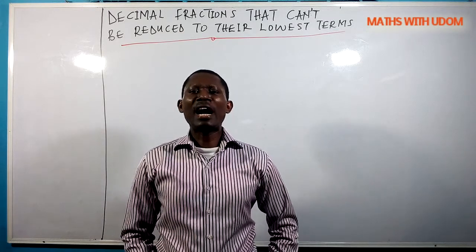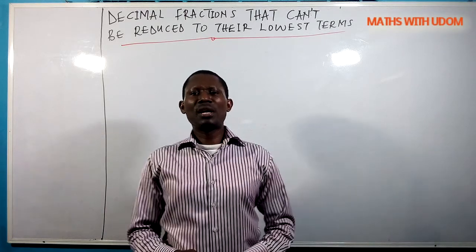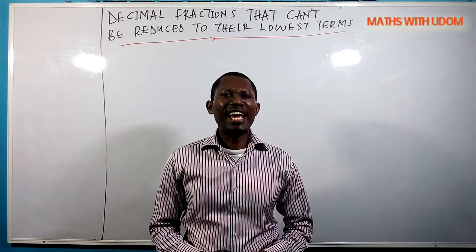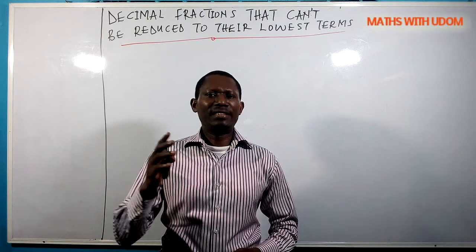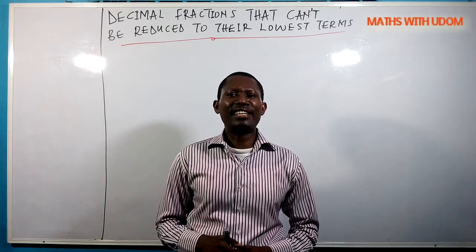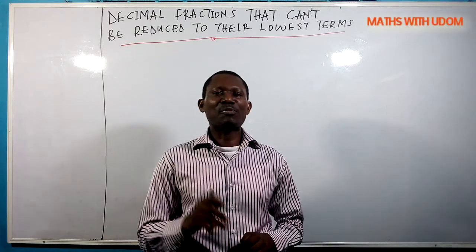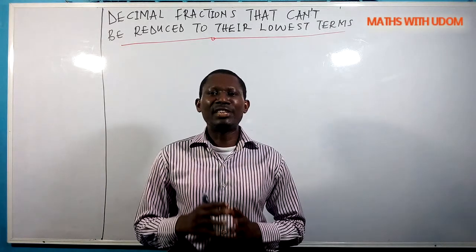When we talk about decimal fractions that cannot be reduced to their lowest terms, such fractions end with 1, 3, 7, and 9. You can see that it entails the odd numbers except 5, because 5 can go through the numerator and denominator.